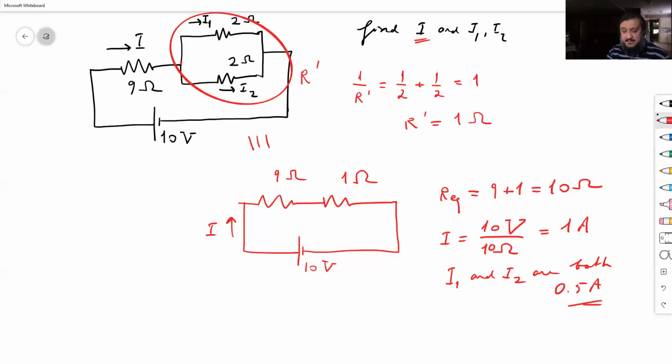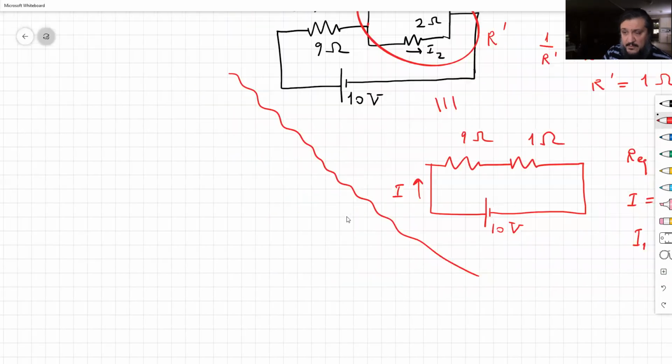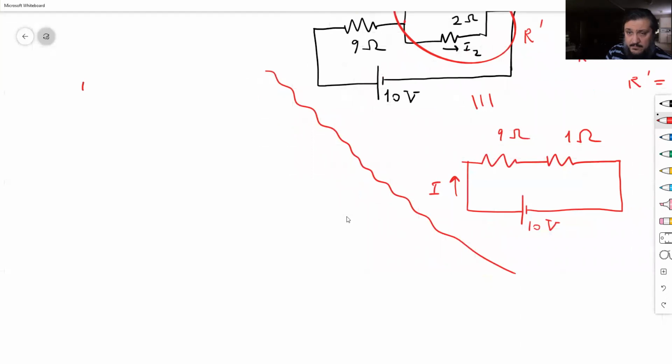What if they were not the same? What would you do then? All right, so what if you had something like this? I'm not going to use numbers now. I'm going to keep it more generic.